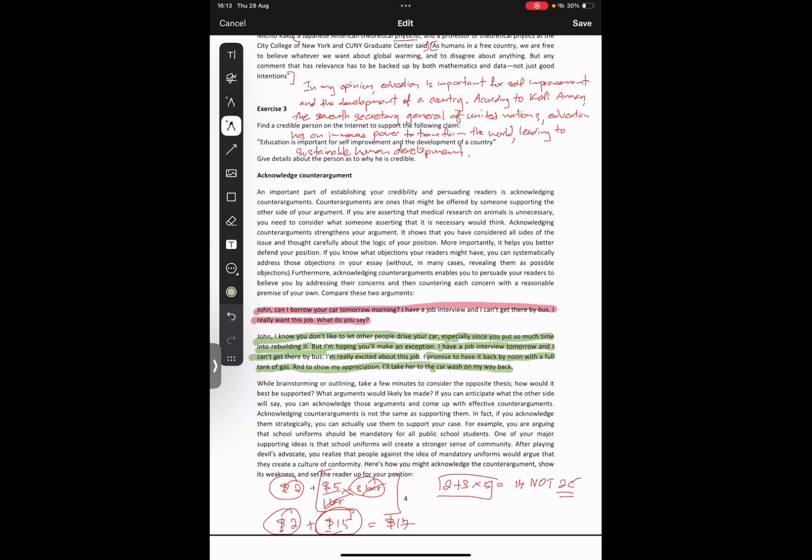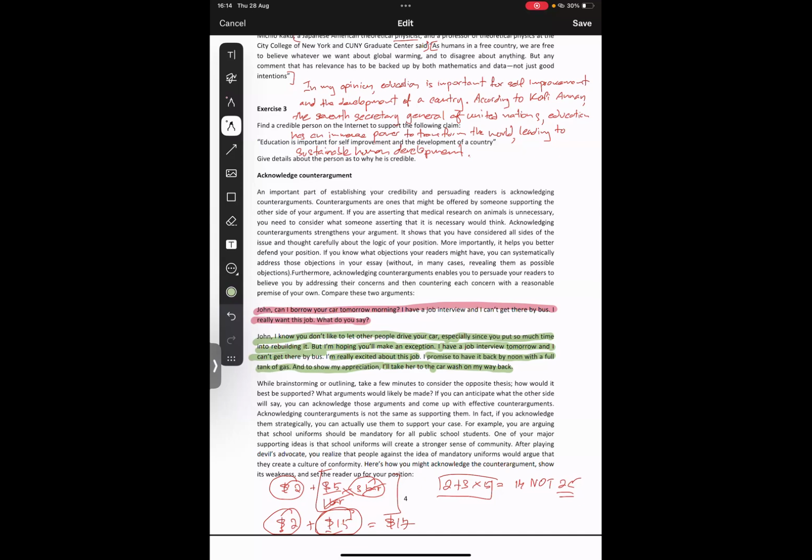Now, John is definitely going to be on the opposite side because he has to lend you the car. He's not going to want to lend his car, right? So you can't assume that he's on the same side as you. You have to assume that he's on a different side. Your job is to pull him toward your side so that he's completely on your side and will let you use his car.